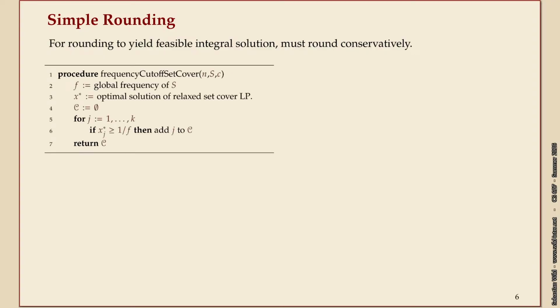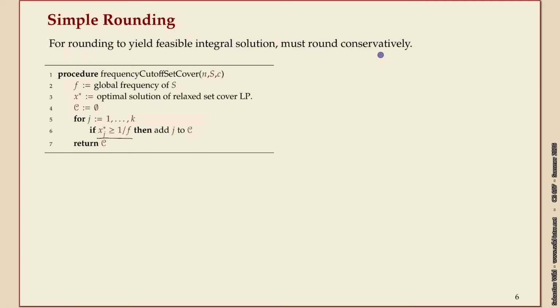And one way to do that is to take this frequency of any of the elements. So what's the largest number of sets that any element occurs in? That's what we call frequency. Then we take our optimal LP solution, some fractional solution, and we're going to pick all the sets where the variable is at least 1 over f.